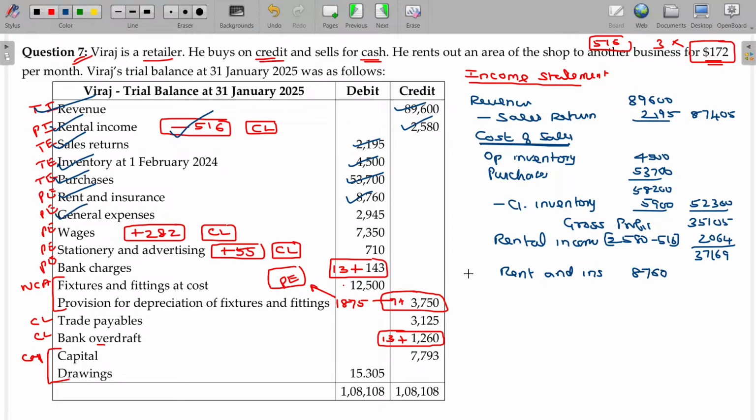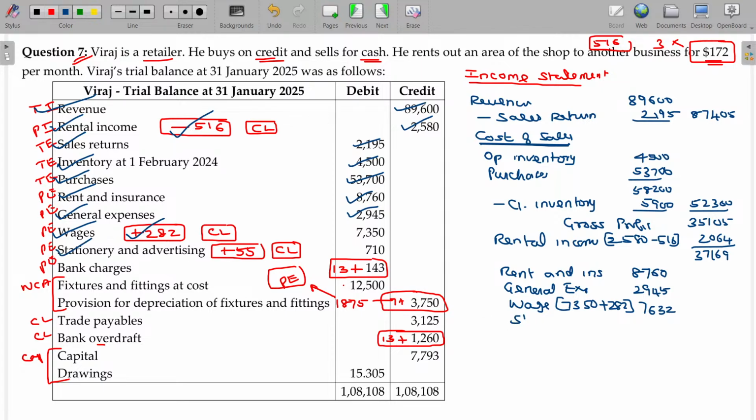General expenses, 2,945, and wages 7,350. Don't forget to adjust for this 282. After adding 282 you will get 7,632.